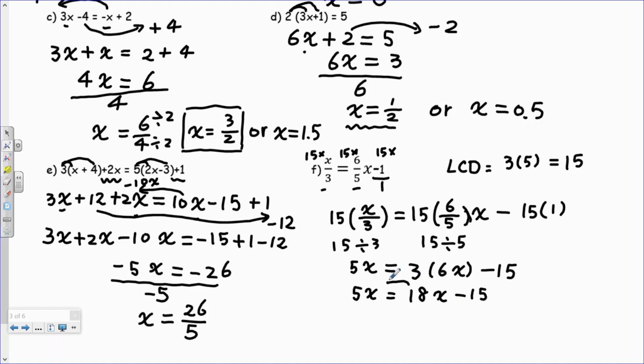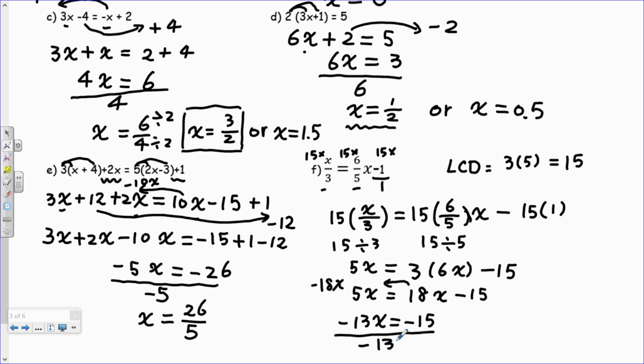We move the x terms together, so it's minus 18. Then you will see minus 18x plus 5x gives you negative 13x. That equals negative 15. We move the negative 13 to the other side. The opposite operation is division. So divide both sides by negative 13.